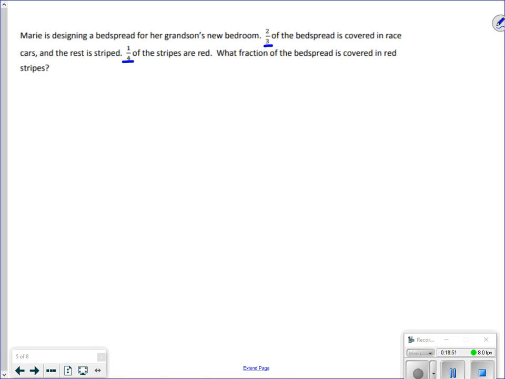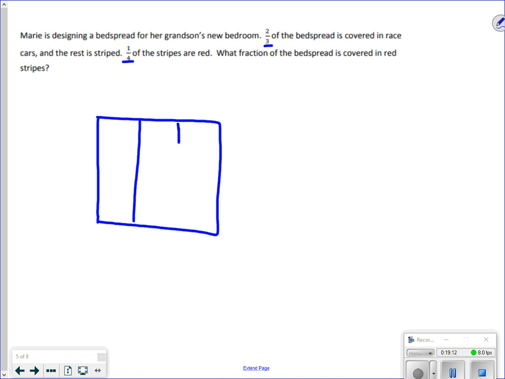If I were doing this problem, I would do a rectangular fraction model, and one of the things that I would do is label it. 2/3 of the bedspread is covered in race cars, so my rectangular fraction model would be split up into thirds. 1, 2, 3. 2/3 of it is race cars.